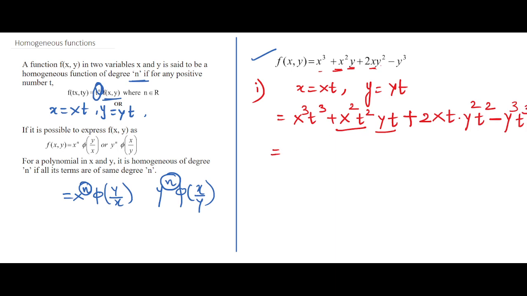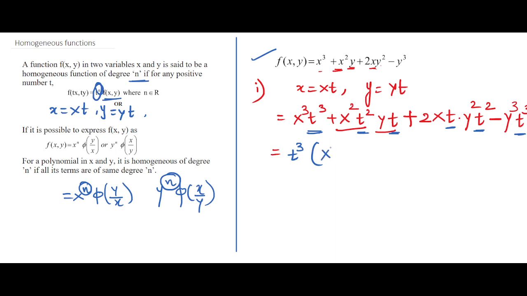If we observe, in all the terms the power of t is t cube: t square into t is t cube, t into t square is also t cube, and the last term also has t cube. So we can take t cube as a common term.